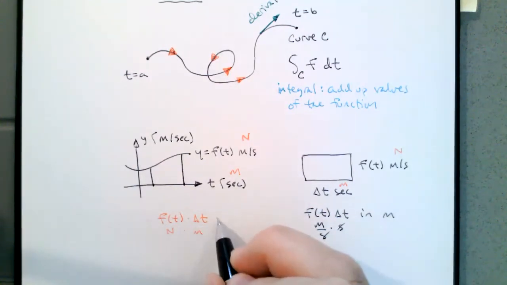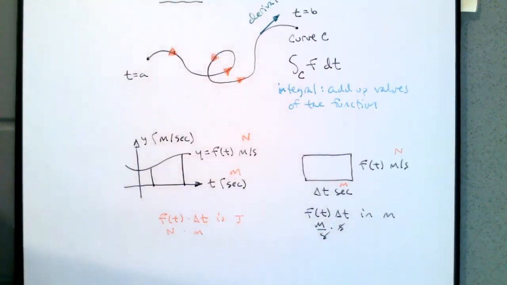F of t delta t is in joules. Nothing special about distance and integration. It's just that's our go-to because it's the first one that we start using, because distance is equal to rate times time.